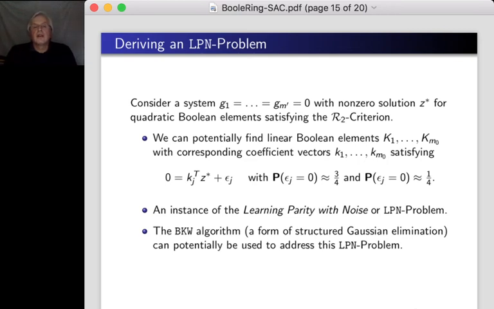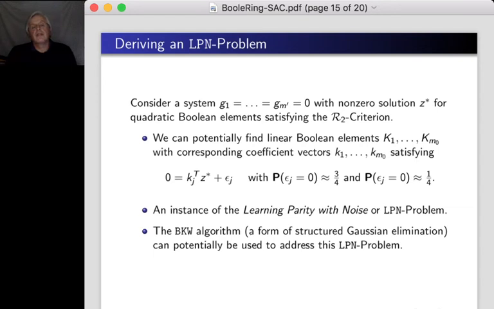Okay, so now we have a system G1 to Gm dashed, being 0 with non-zero solution Z star for quadratic elements satisfying the R2 criterion. And this means we can potentially find linear Boolean elements k1 to km dashed with corresponding coefficient vectors, which we can write as little k1 to little km.